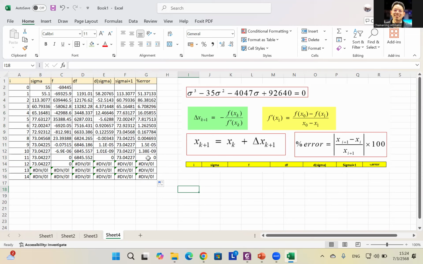We can stop just here. You see sigma is maybe around 73, right? Why did it stop like this? Because it's very close, so delta x is very close to 0, so it becomes divided by 0, right? So now we can stop here.